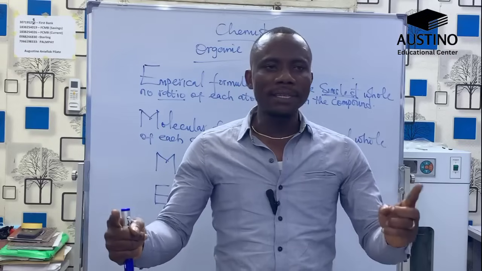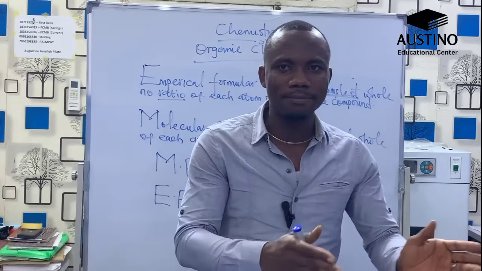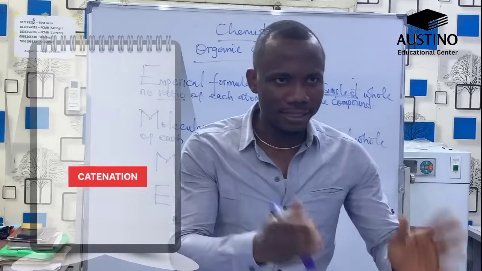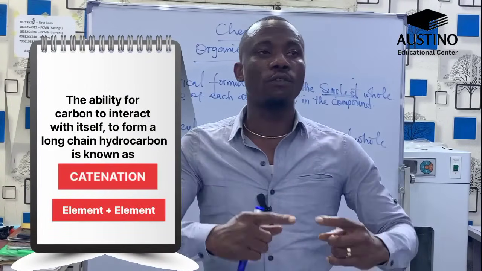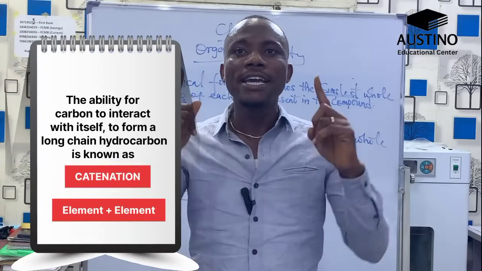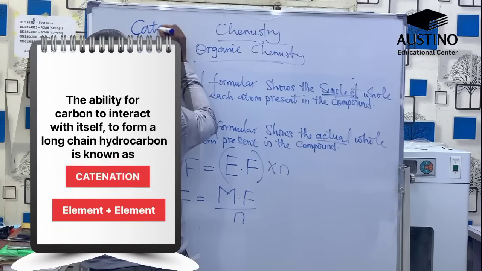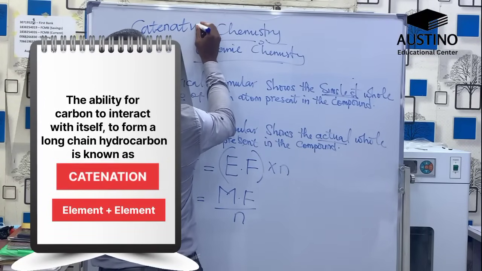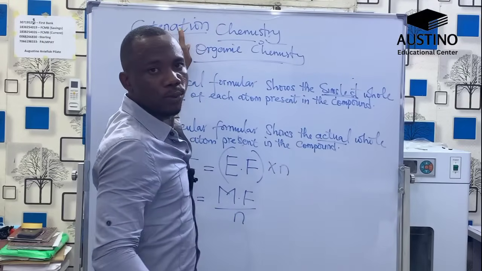And so that ability of carbon to interact with itself, the same element interacting with the same kind of element to form a long chain hydrocarbon, is what we describe as catenation. So organic compounds couldn't have been possible without this process of catenation.